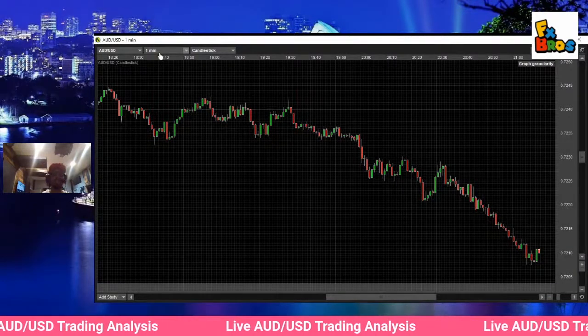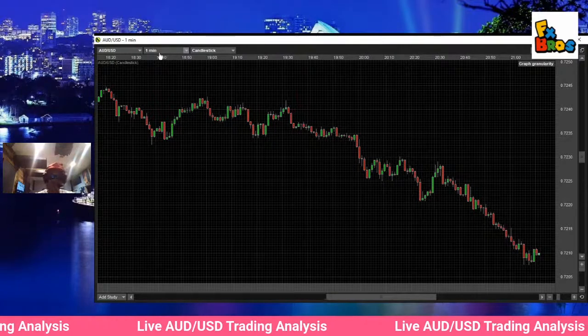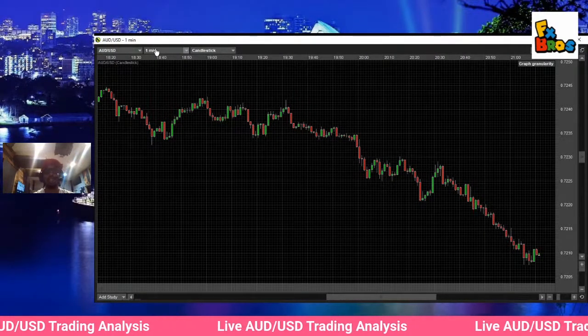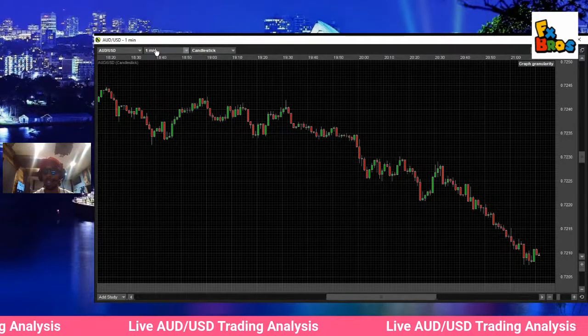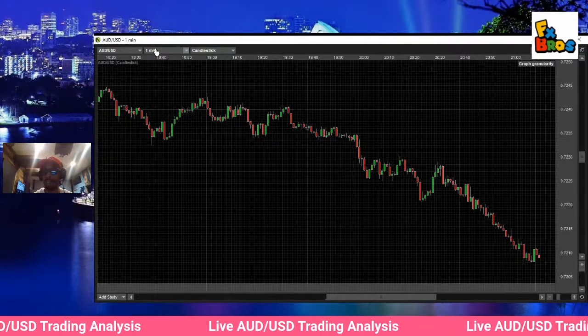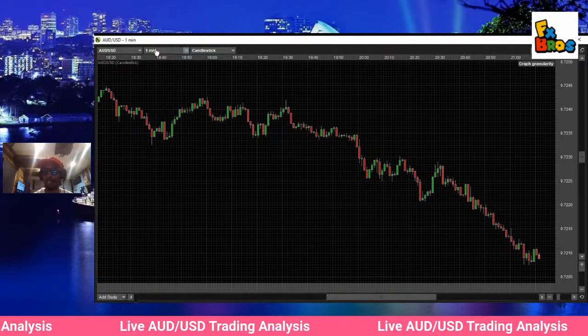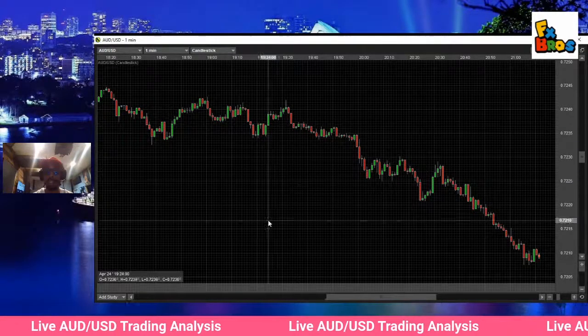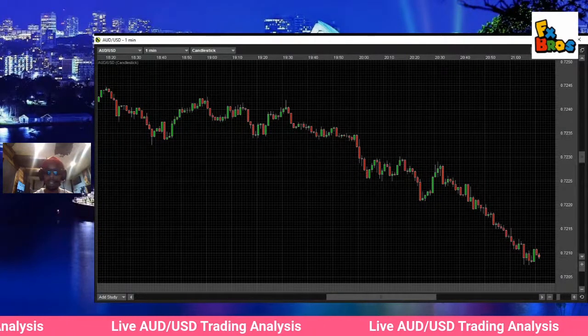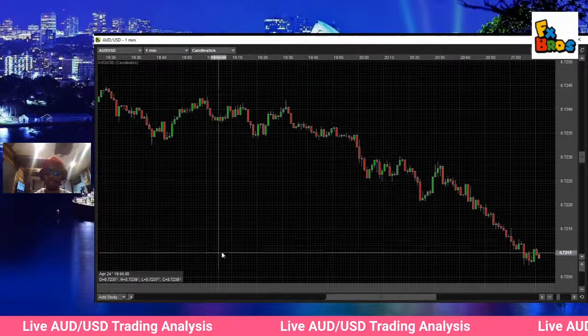But I mean, that's the 1 minute. You know, can't look for setups and strategies like that. You gotta see a larger time frame showing signs, and it's not looking good. Definitely for an easy entry, it's not looking good.